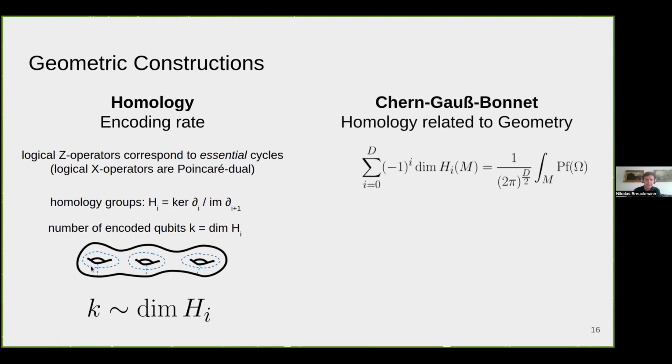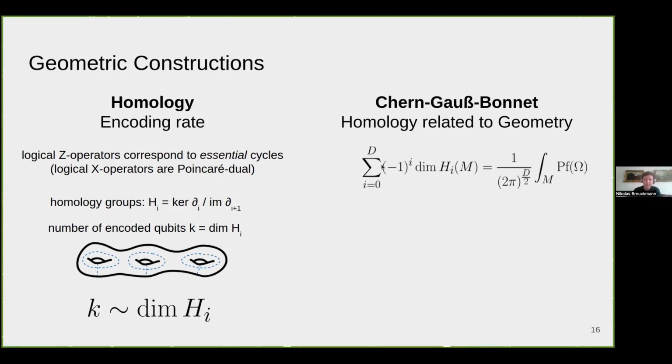Okay, so this was only topology, but there's actually a relation to geometry. This relation comes from the so-called Chern-Gauss-Bonnet theorem, which is one of these theorems that relate geometry to topology.